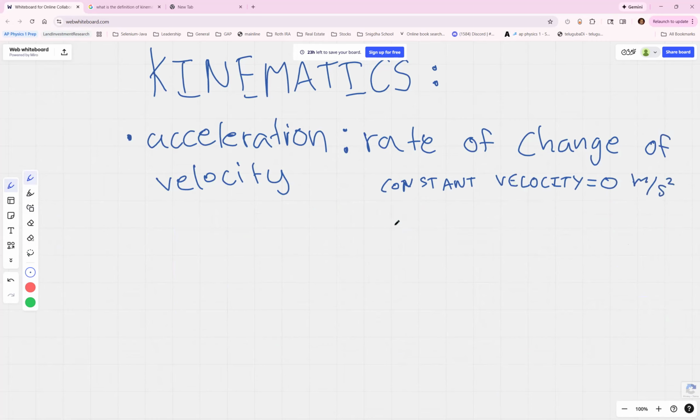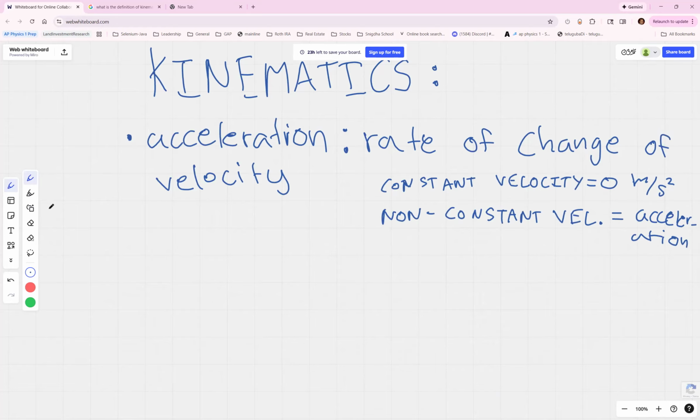So that means 0 acceleration. But let's say you have a non-constant velocity. That is equal to, you have an acceleration in this case. Okay, so this should be pretty clear now.